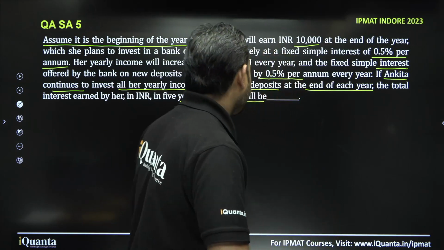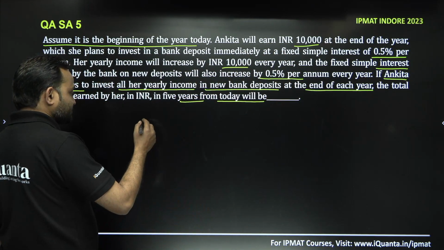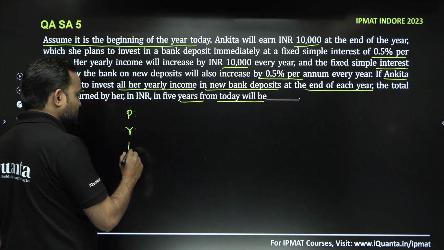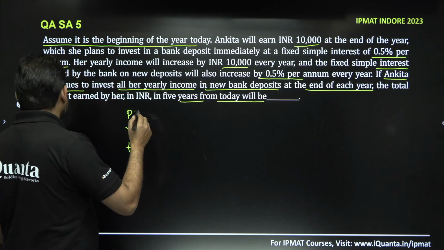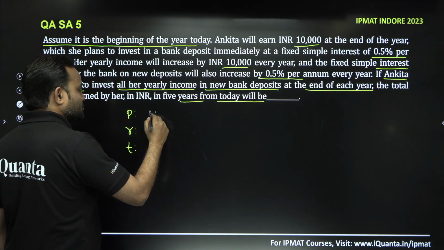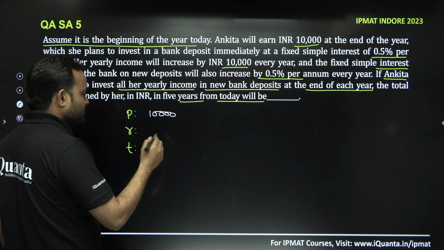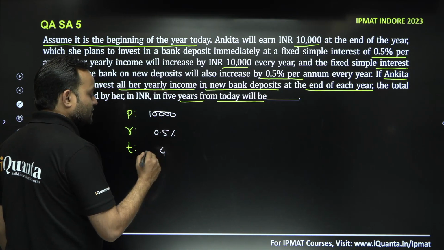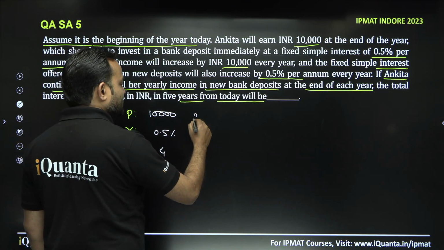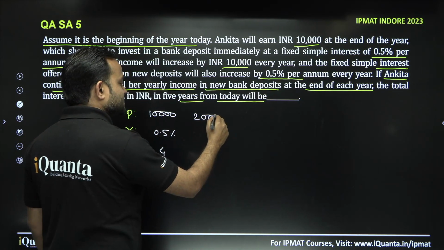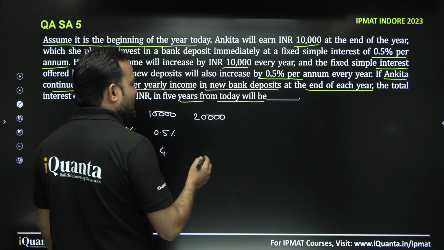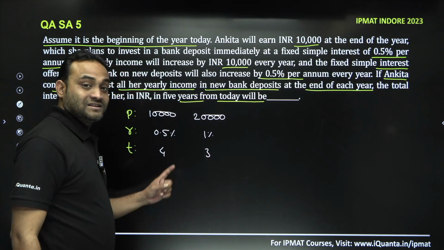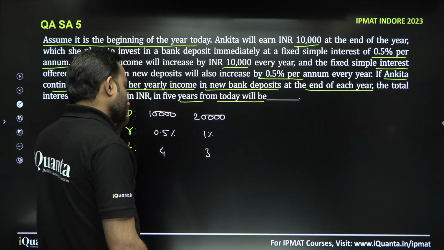Okay. So, if we talk about what's the principal, what's the rate of interest and what's the time in each situation. So, we have 10,000 at the end of the first year, rate of interest is 0.5%, time will be 4 years in this case. Then comes next year where she will be getting 20,000 as her salary, rate of interest will be 1% and this will yield interest for 3 years.